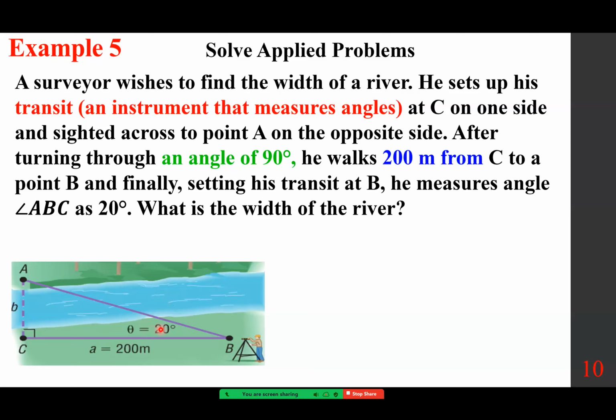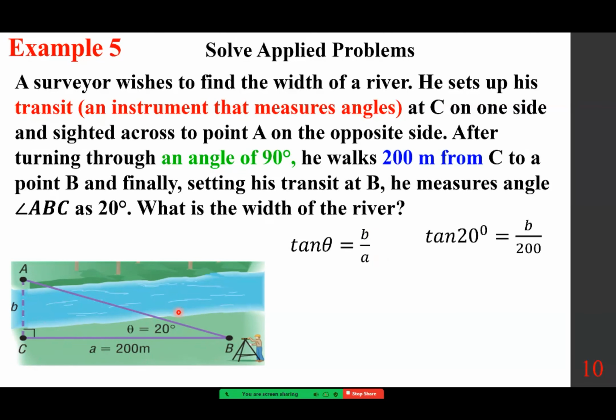So clearly, tan of theta is the opposite, B or AC, the width of the river, over the adjacent, A. And so B is what's missing, what we are interested in. And A is 200 meters. So you have measured this distance because you can measure it on your own side. You have measured this angle.